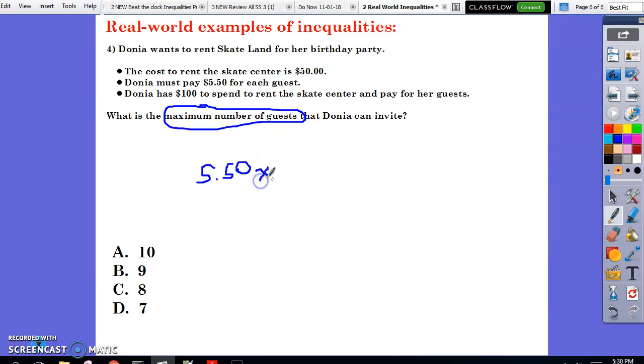And then the other fee that Dania needs to pay is the rental for the skate center, $50. Now, she cannot spend more than $100, so she has to spend less than or equal to $100. This will give us the maximum number of guests that Dania can invite.